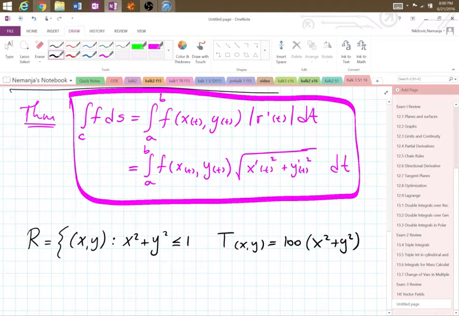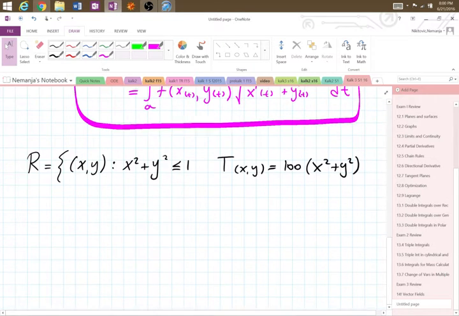So now what do we have? Well, first we have a curve C, over which we are computing the line integral. What is it going to be given as? Remember that x is r cosine theta, and y is r sine theta.